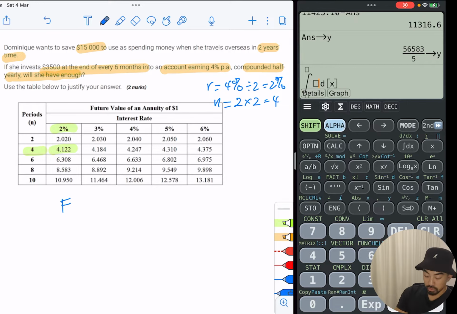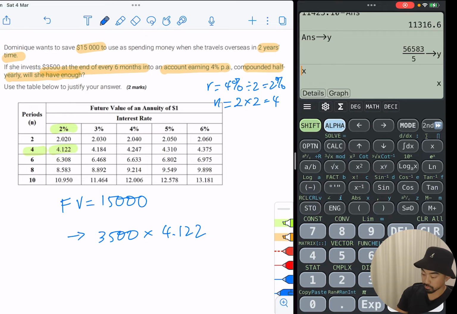So our future value, right? She actually wants $15,000. So that's our future value. And we want to work out, will she have enough? So in the other scenario, we're going to have $3,500, because that's what she's depositing, times 4.122. Sorry, I crossed this bit out.